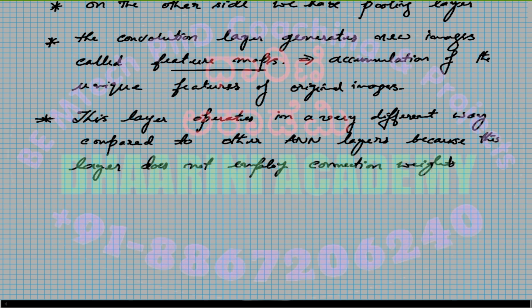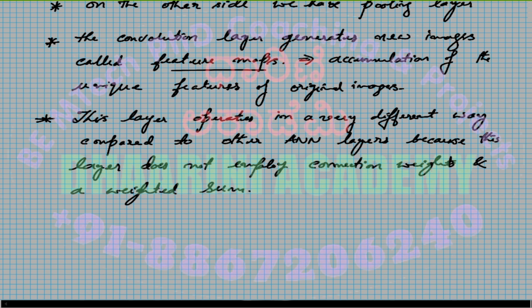If you have a weight with respect to a connection, then you need to multiply. It's not convolution, correct? So that's why it's slightly different. It does not employ the connection weights, and there is no question of a weighted sum; that concept is not there.